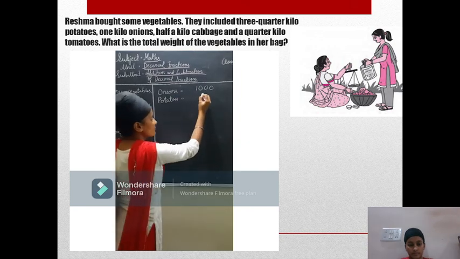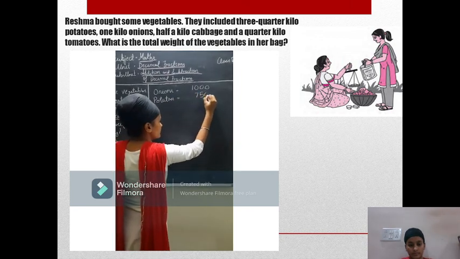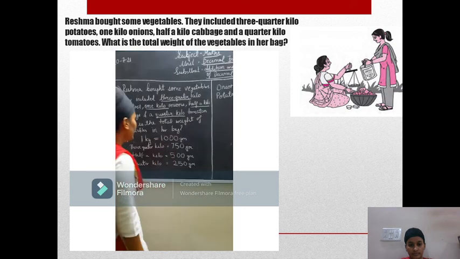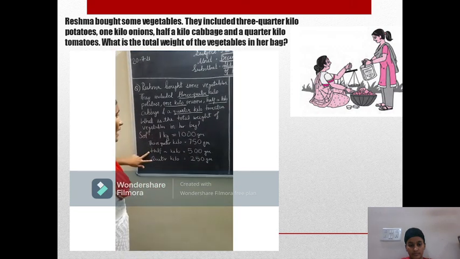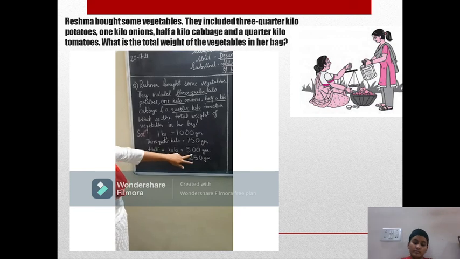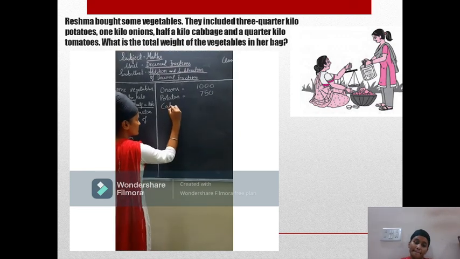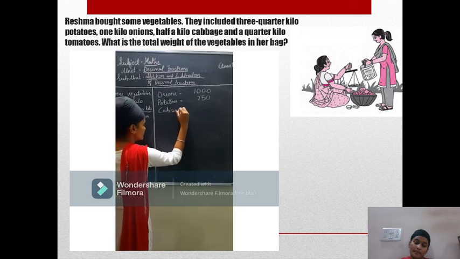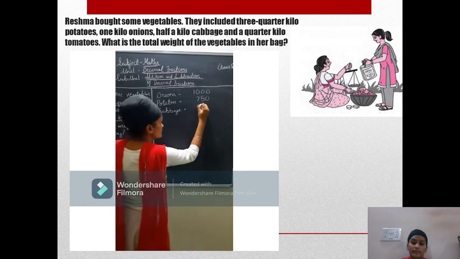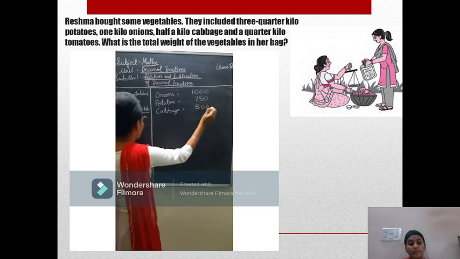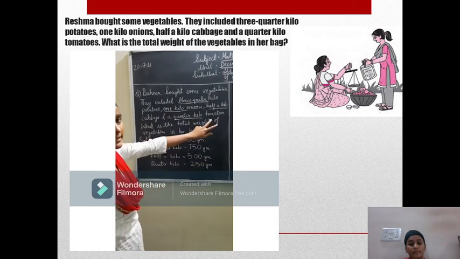It was 750. And now half a kilo, 500 grams. That was cabbage. And the last, that is the tomatoes.